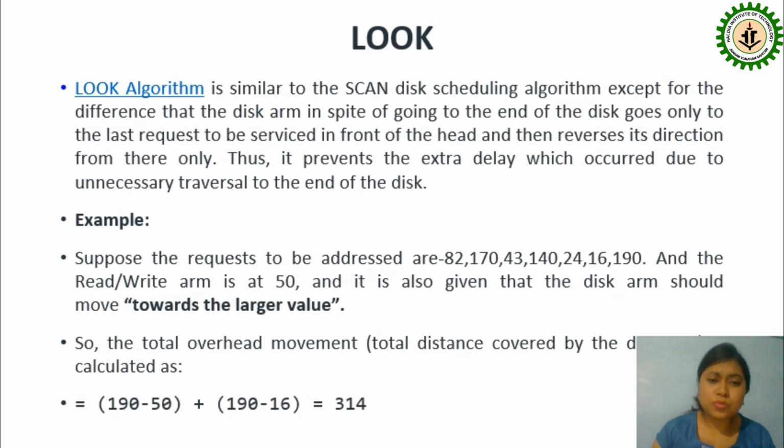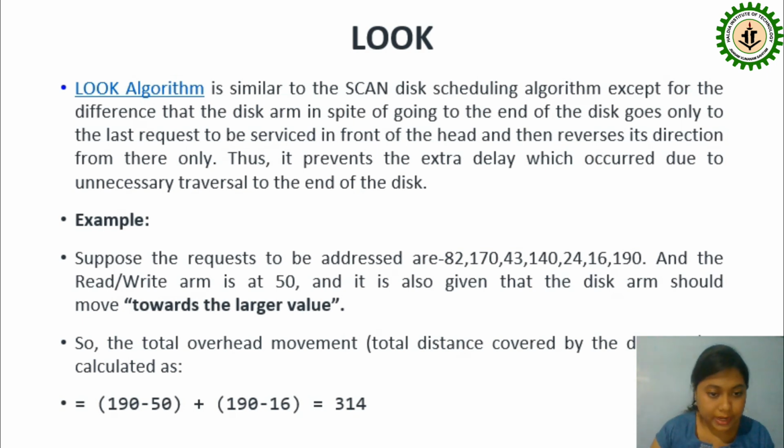So both are actually the same, scan and look, but what is the difference? In spite of going to the end of the disk, it goes only to the last request to be serviced in front of the head and then reverses. So what is our last request? We are going towards the larger value, so the last request is 190. So from the current position, 50, we are going to the last request, 190.